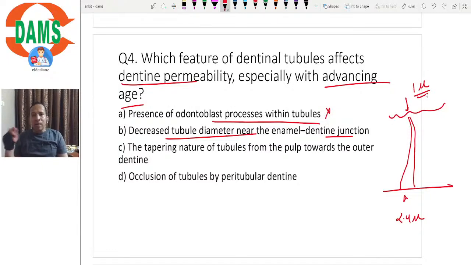So yes, the diameter of the dentinal tubule decreases. But do we have a better option? Yes, this can be included as an answer, but we can have a better option, isn't it? Option C: the tapering nature of tubules from the pulp towards the outer dentine. So yes, it also has a tapering nature. You can classify it as tapering.